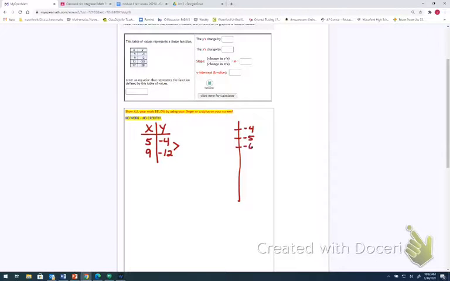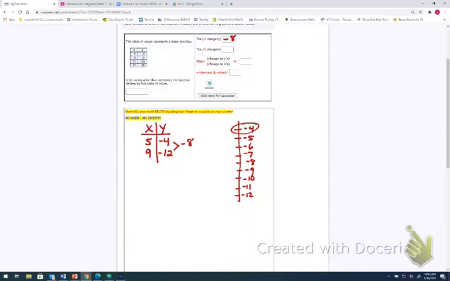Negative 5, negative 6, negative 7, negative 8, negative 9, negative 10, negative 11, negative 12. Now remember, we're standing at that step, so we don't start counting there. We start counting at negative 5. So 1, 2, 3, 4, 5, 6, 7, 8. So we went down 8. So the change in the y's is negative 8 because we went down 8.